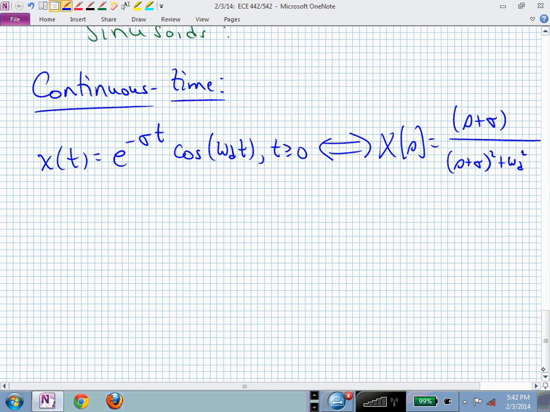Meaning if we were sketching this, the pole zero diagram associated with that exponentially damped cosine waveform in the S-plane, we now have these two poles that are minus sigma into the left half plane.